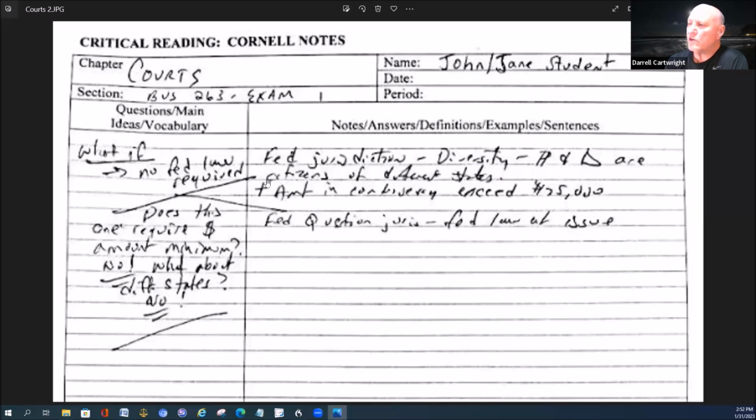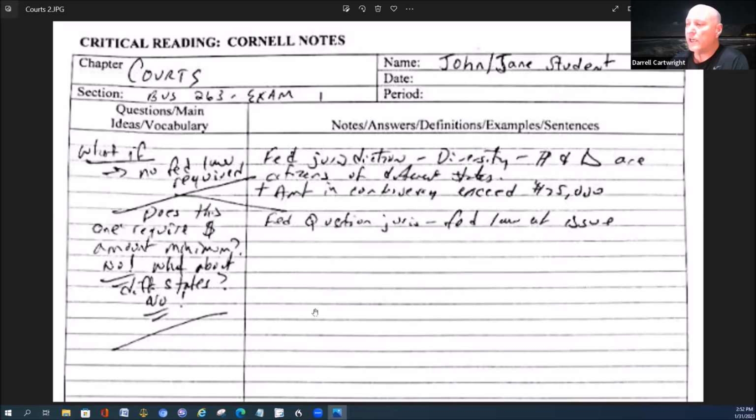So no federal law is required for this first one. And I write that down because I've looked at it and I've thought about it and said, okay, there's no federal law required. And then the second one, I looked at it and I said, does this one require a dollar amount minimum? Federal question jurisdiction, federal law at issue? No, it does not. What about different states? No, it does not.